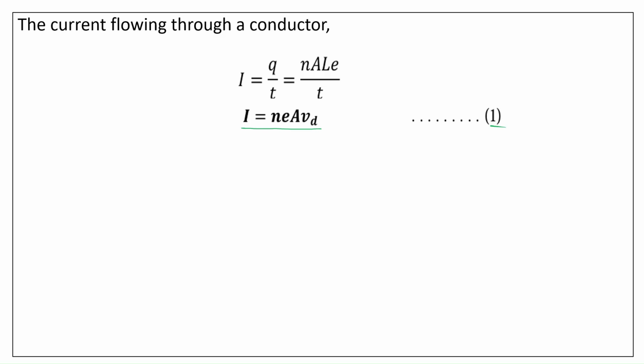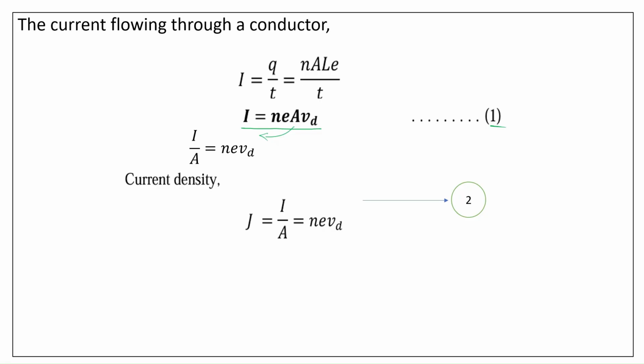Marked as equation 1. Take A to this side. That is, I by A is equal to neVd. But I by A is equal to J, that is current density. Therefore, we can write J is equal to neVd, marked as equation 2. But drift velocity Vd is equal to eE by m into τ. Now substitute in 2.